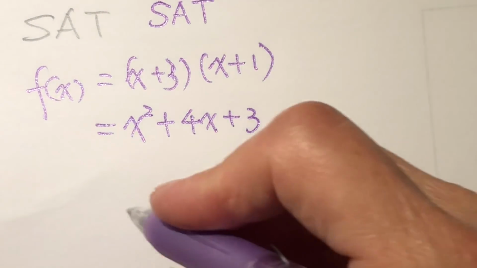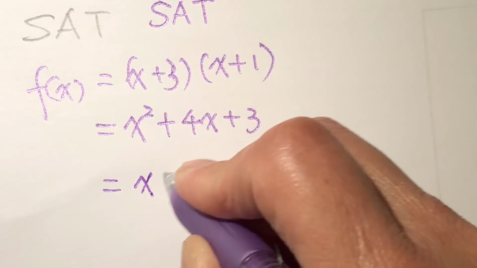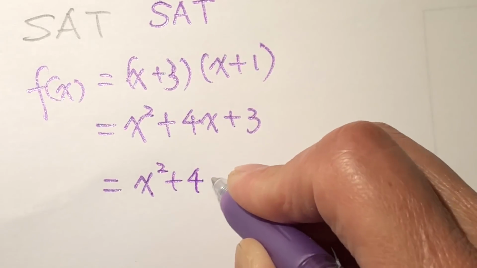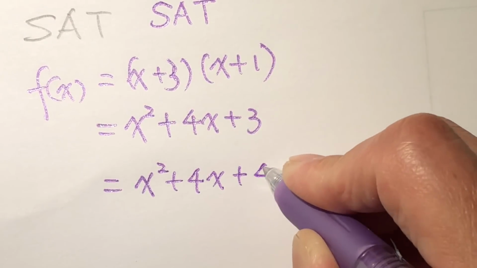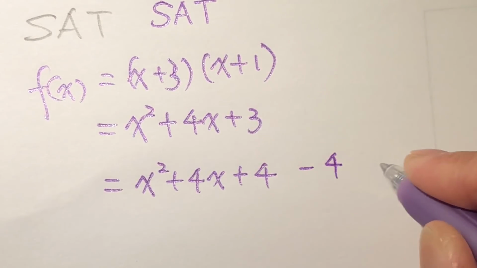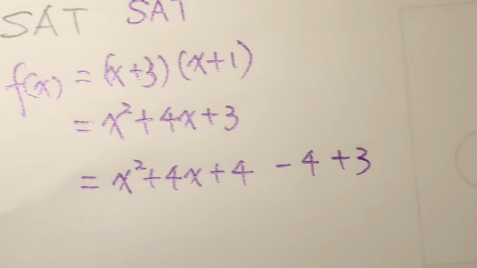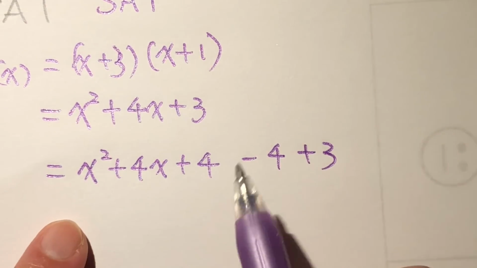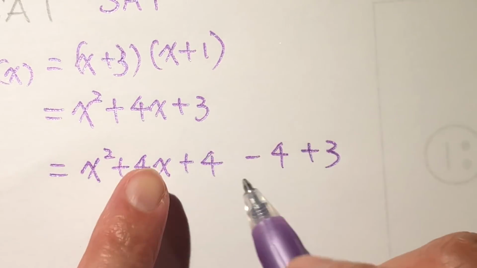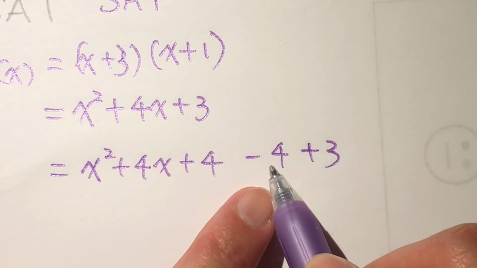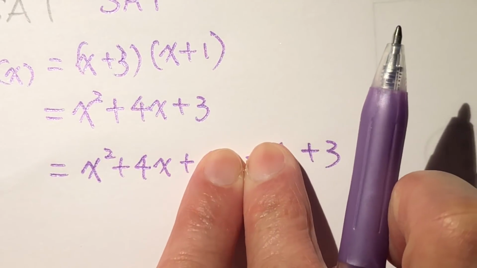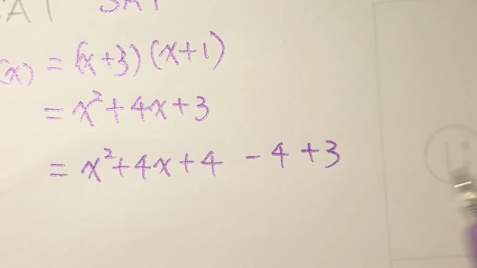This is f of x. And it can be x squared plus 4x plus 4 minus 4 plus 3. Did I change anything? I did not change anything. I plus 4 and then I minus 4. So it's 0. Nothing has changed.